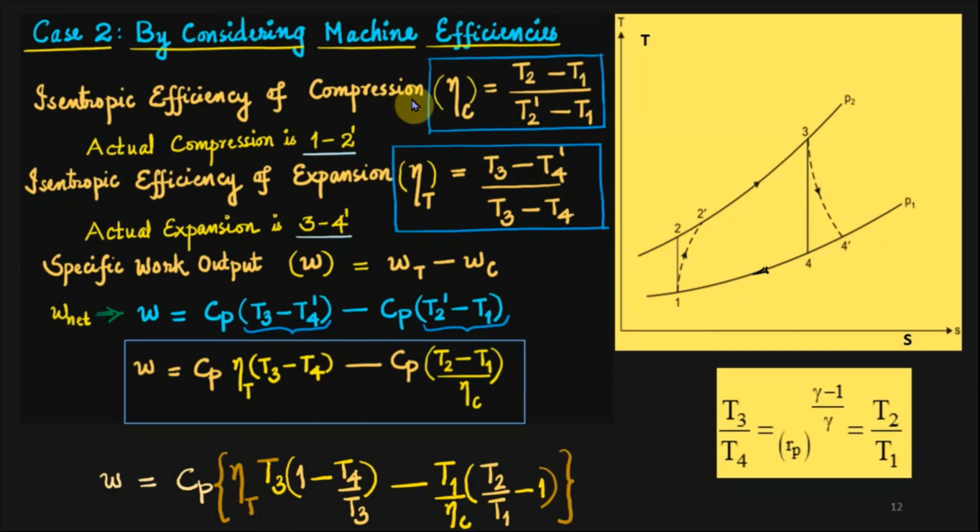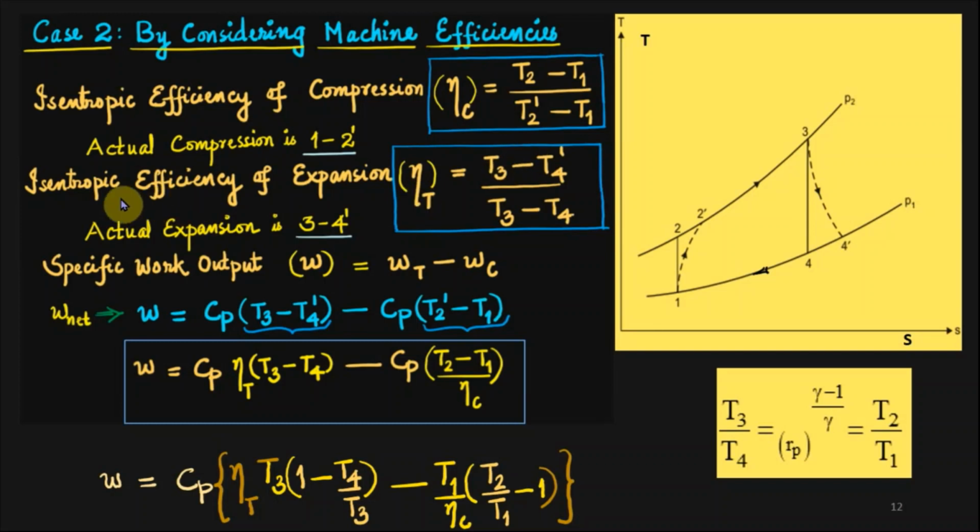Isentropic efficiency of compression is the ratio of isentropic work done to the actual work done on the compressor. So that can be expressed as T2 minus T1 divided by T2 dash minus T1, because Cp in both numerator and denominator will be cancelled. So it will be left with only the ratio of the relevant differences in temperatures.